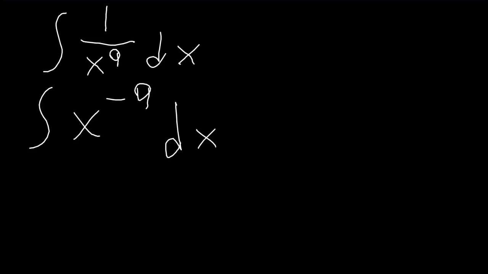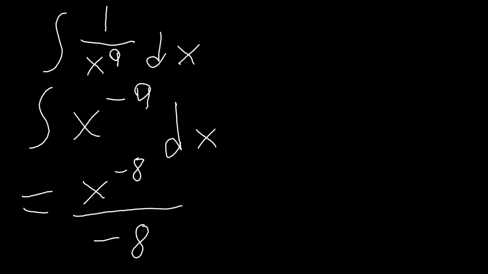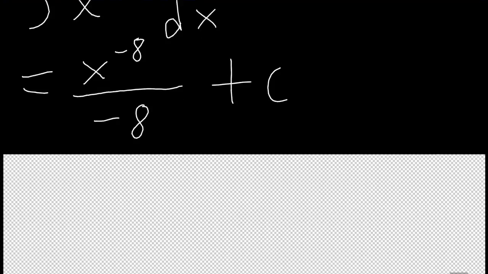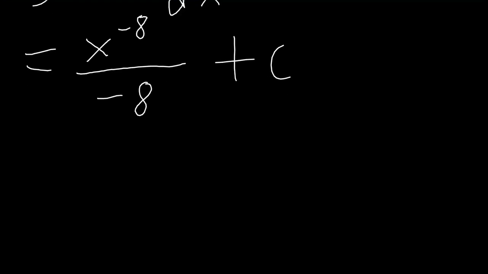So if we add 1 to the exponent, negative 9 plus 1 is going to be negative 8. And then you just divide by that new exponent, so divided by negative 8. Then we just add plus c. And we can rewrite this by bringing the x to the 8 down to make the exponent positive.